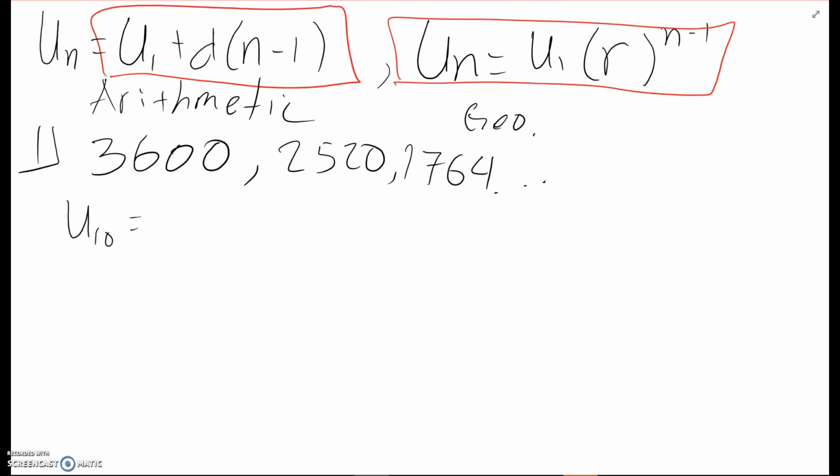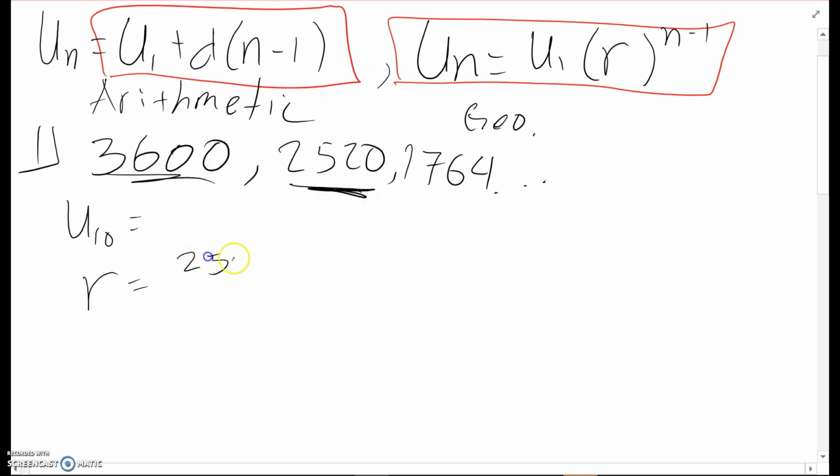So the first thing I want to do is figure out if it's arithmetic or geometric. So what I'm going to do is subtract 3,600 minus 2,520, and that's 1,080, and I'll try 2,520 minus 1,080. And I don't get the third number, so it's not arithmetic. Okay, so arithmetic is out, so I'm going to try geometric. And to find geometric, I'm going to assume it has a ratio. And to find the ratio, I do the second number divided by the first number.